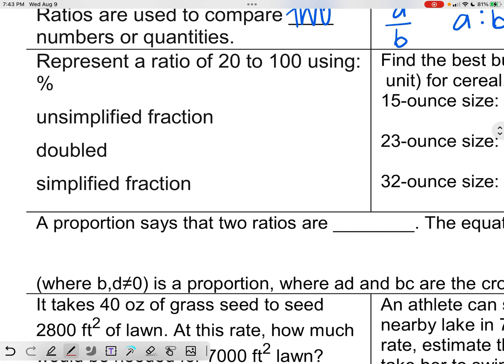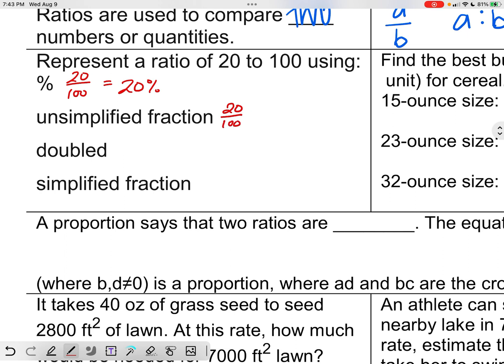All right, so represent a ratio of 20 to 100 using a percentage. If we start out with a percentage, 20 out of 100 would be the same thing as 20%. Remember, percent means per 100. The unsimplified fraction, meaning don't reduce it.